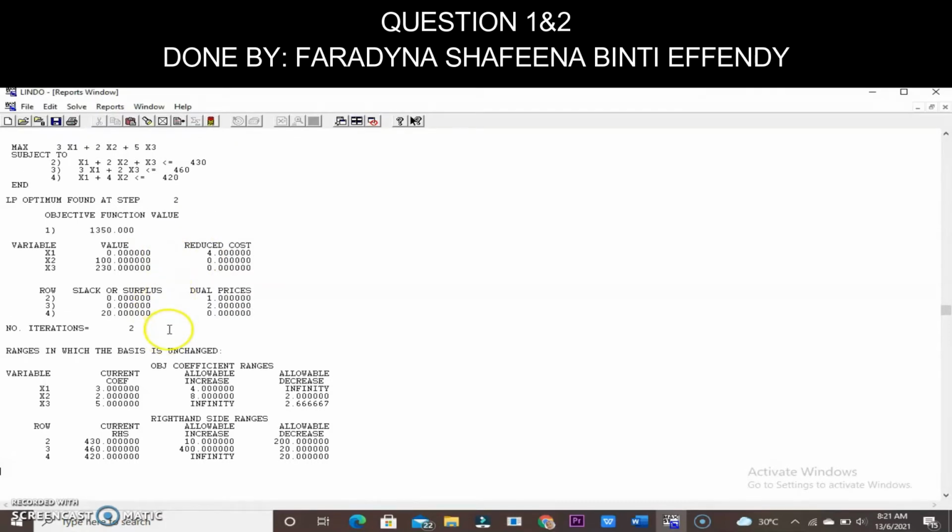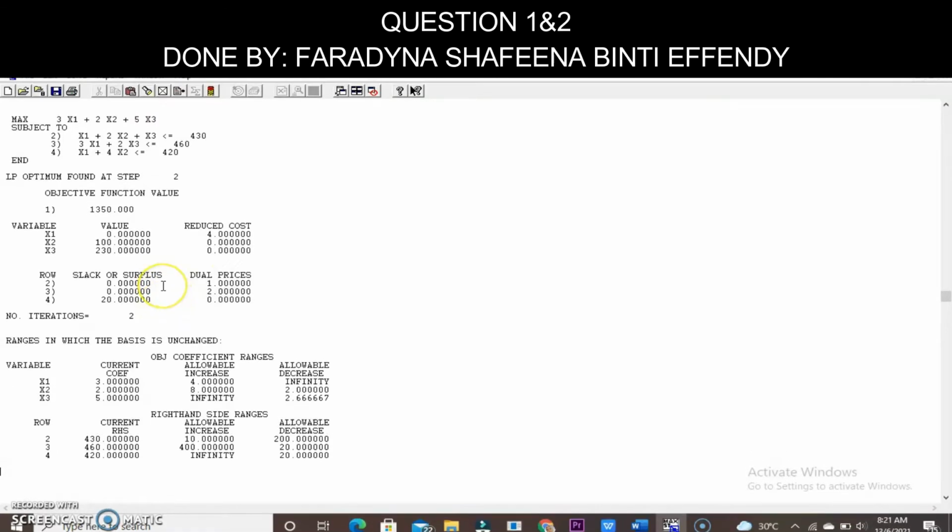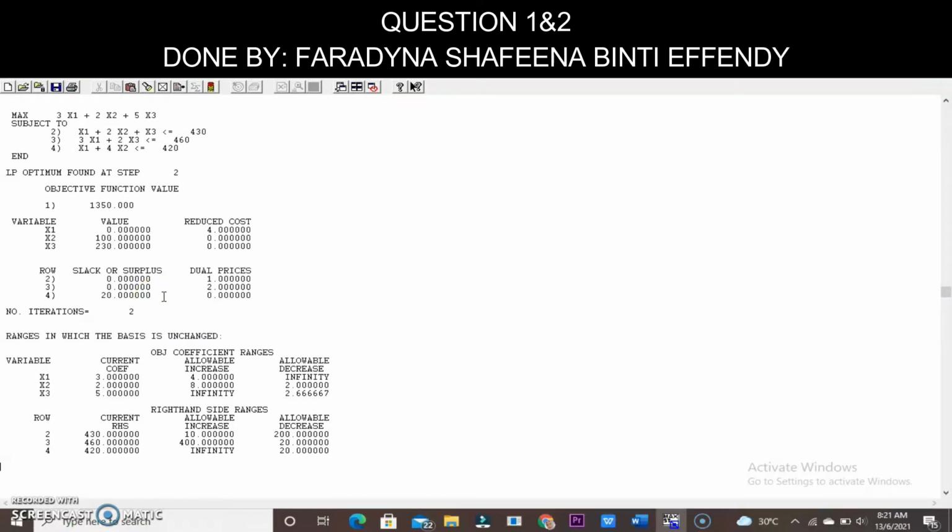Here is the slack variable. S1, S2, and S3 are the slack variables for the constraints of operation A, B, and C. The values of S1 and S2 are 0, while S3 is 20, since S3 is a basic variable. And there is no dual price for S3.